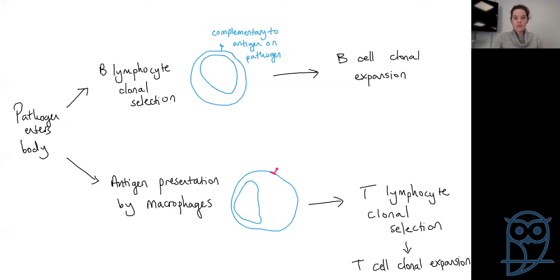So now we're going to talk a little bit more about these B cells. So we have our B cell clonal expansion. What's really cool is that there's a role of the T cells, a specific type of T cell called a T helper cell, which actually increases the speed of this clonal expansion.